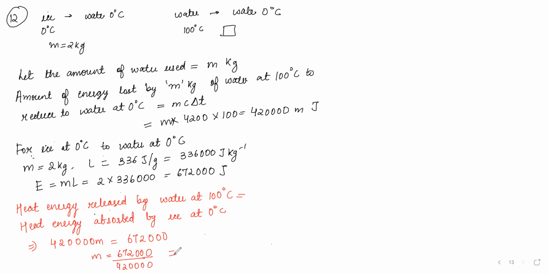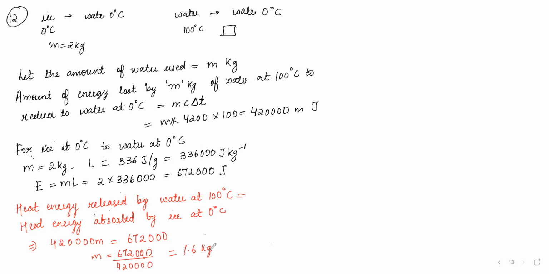So we'll just calculate this. So you are getting 1.6. So this is 1.6 kg. An easy sum. Just the simple energy conversion. So you are getting here 1.6 kg. Okay.